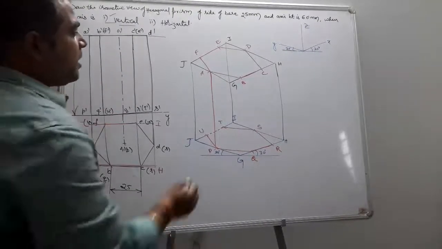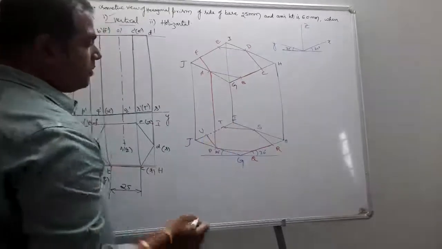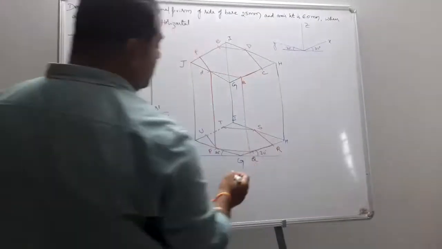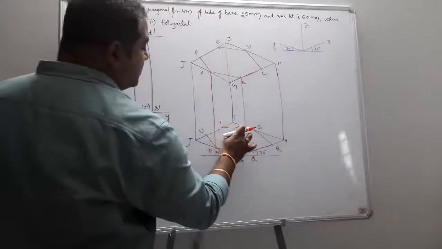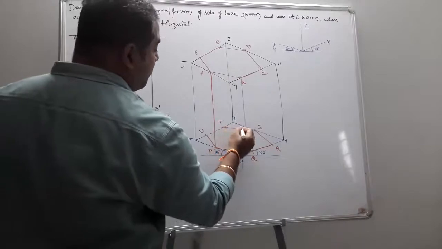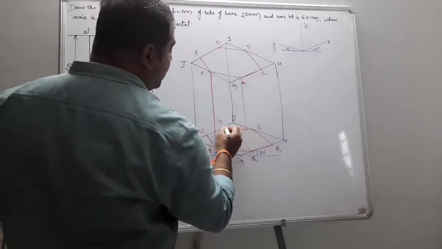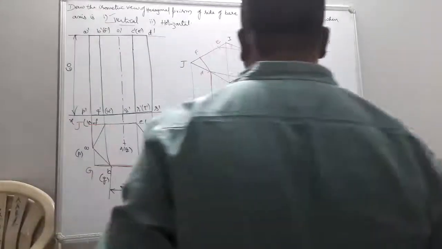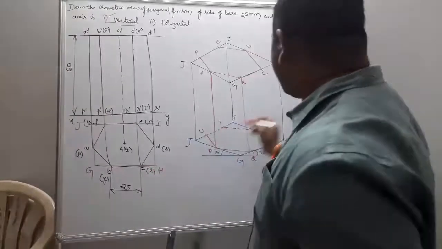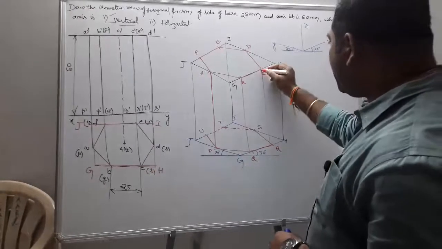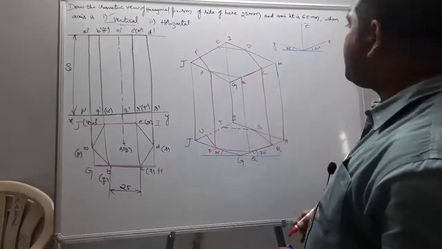Let us see. I just join A with P, no problem. B with Q. If I join B with Q, you just see this TS is also going to be dotted. Next, C with R. When I join C with R, there should be no problem. Okay.